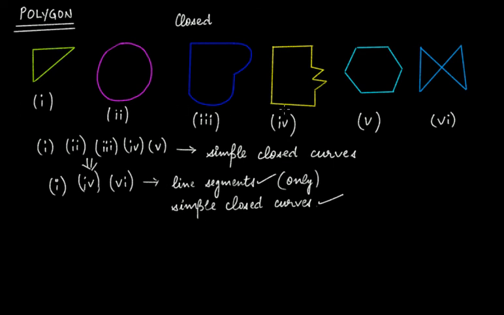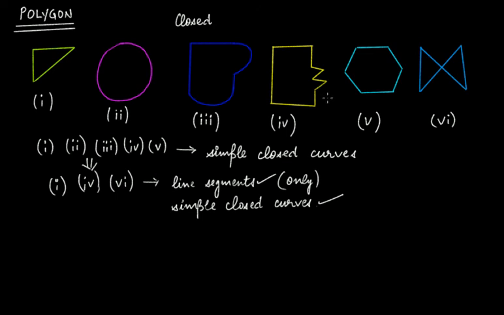So of these figures, the first one, the fourth one and the fifth one are simple closed curves made up of only line segments, and therefore they will be called polygons.